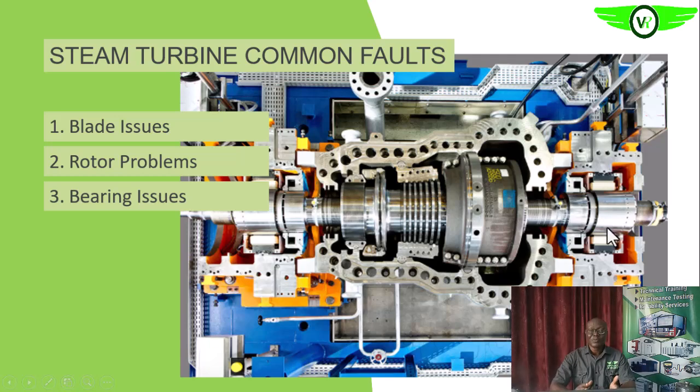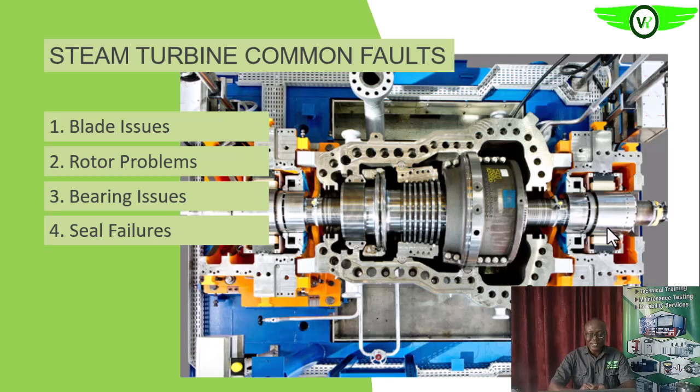There are some operational conditions that enhance the wear and tear of these bearings. So we are going to look at some of these issues and what we need to do to prevent such from occurring, and thus extend the life of our bearing and also of our steam turbine.